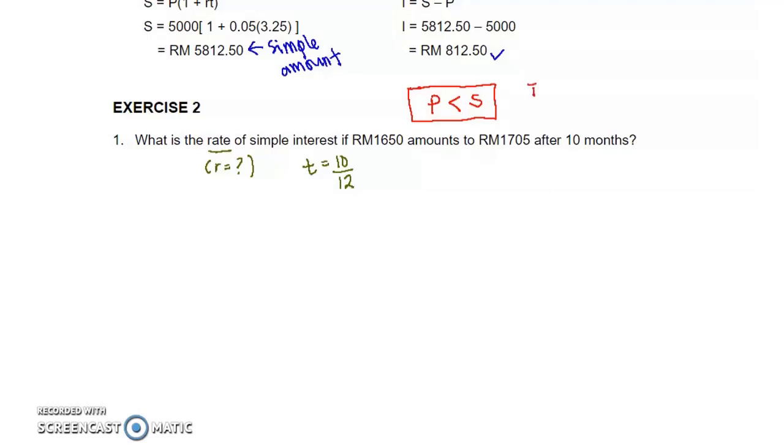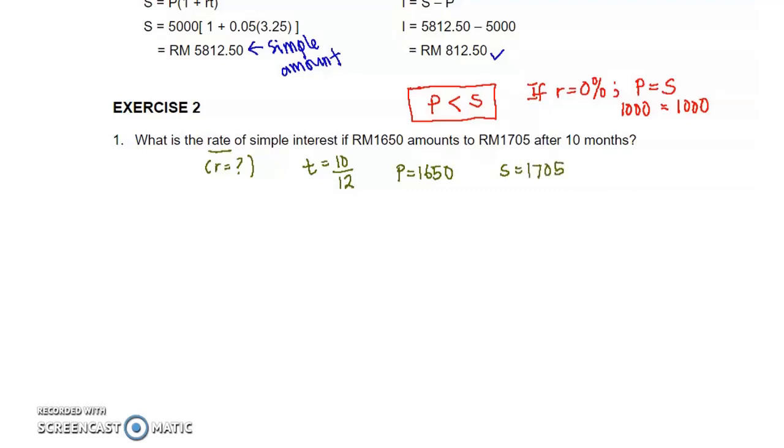If there is no interest charge, the rate of interest is 0%, so value P equals value S. It means that if we borrow 1,000 with no interest, we also pay 1,000 ringgit. But if there is an interest charge, value P must be less than value S, or value S must be greater than value P. So here 1,650 is value P and 1,705 is value S.